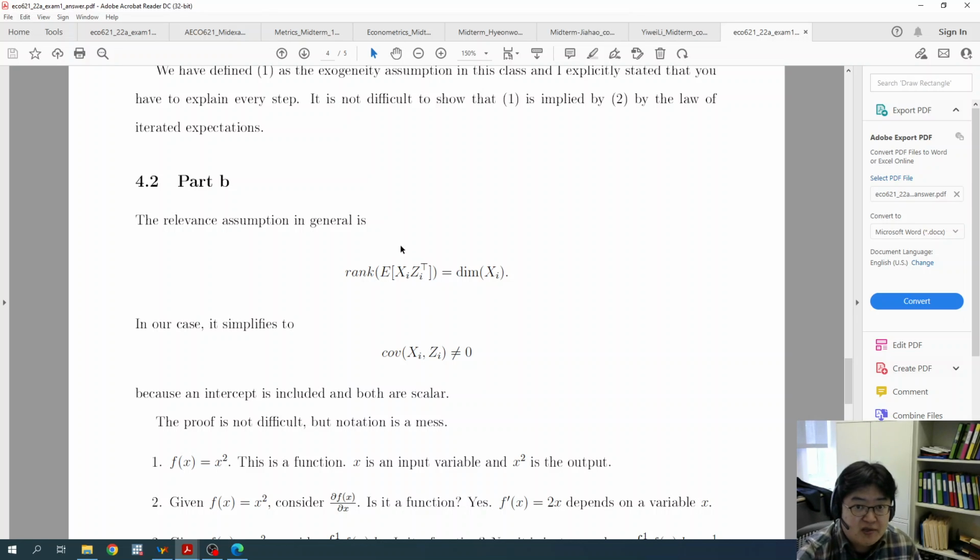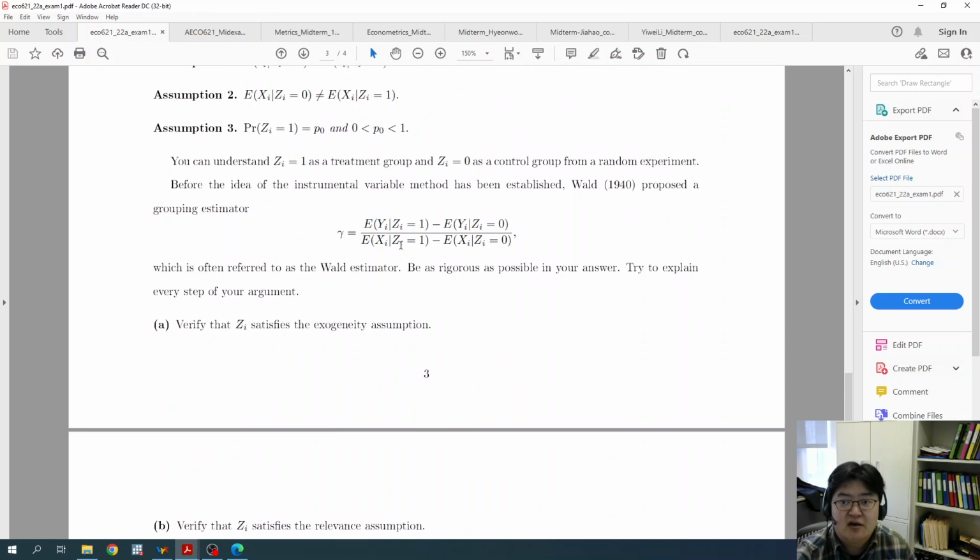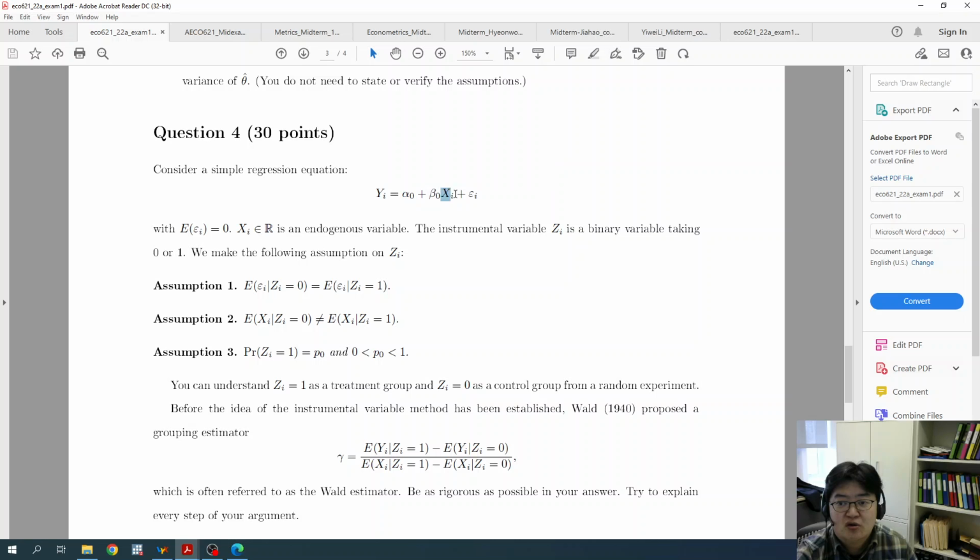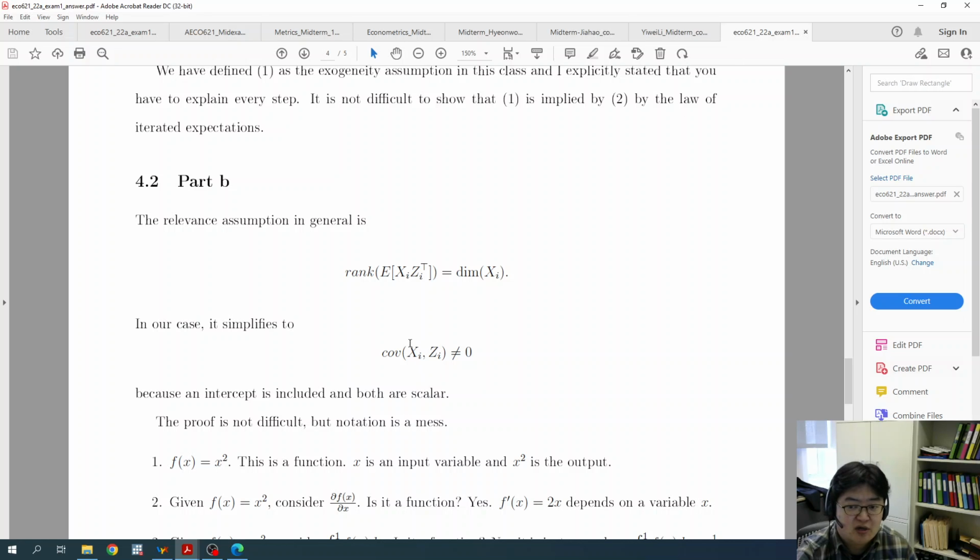In our case, in the question, you may simply consider covariance non-zero. I think we did it in a homework. We could do this because even though there are two variables, intercept and x, the intercept does not matter much, and all the other variables are scalar, so you may simply consider covariance.